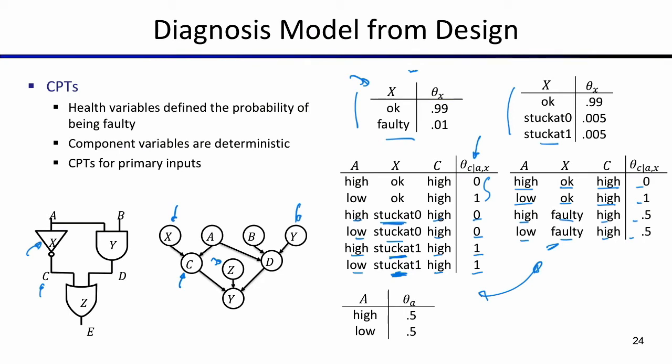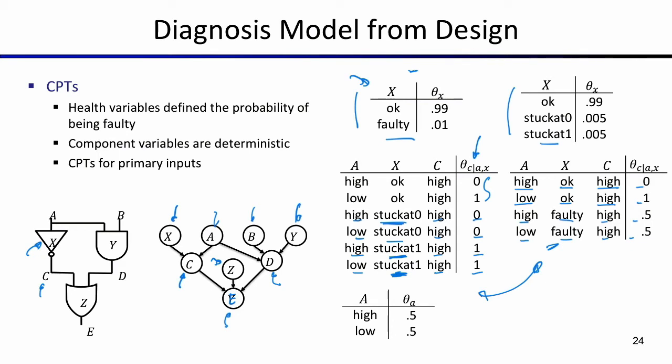And we're going to have one table again for each component. So one for C, one for D, and one for E. We also have A and B, and these are the inputs.